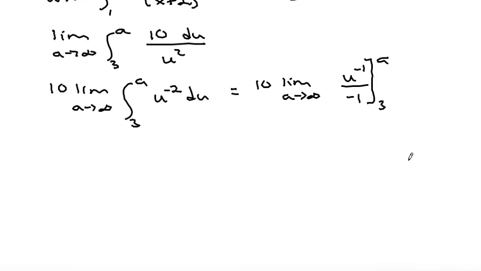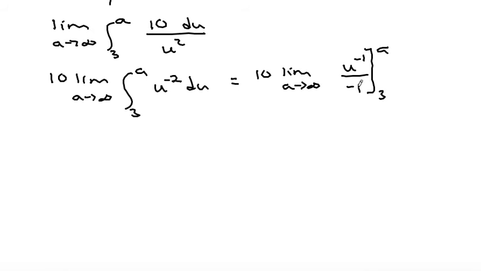To simplify this a bit more, let's pull the negative 1 out to the front to make it negative 10 times the limit as a approaches infinity of, instead of u to the power of negative 1, let's write it as 1 over u, evaluated from 3 to a.